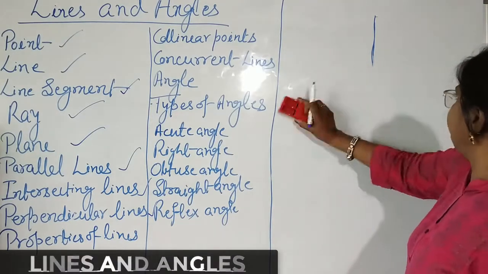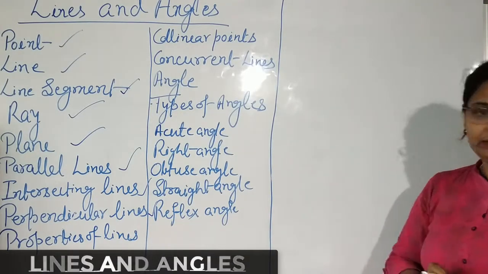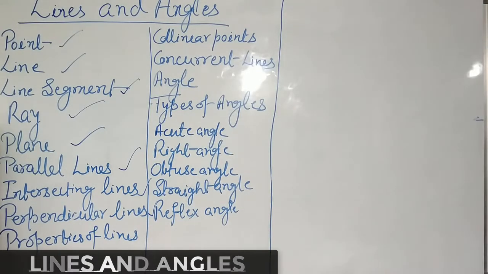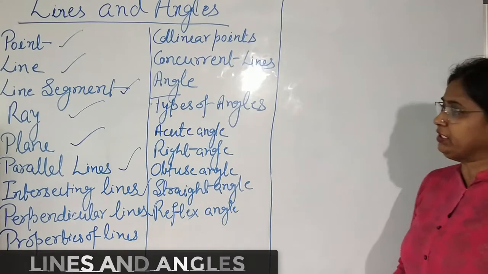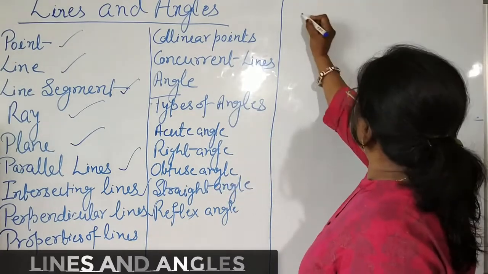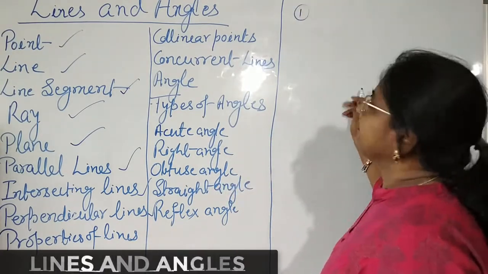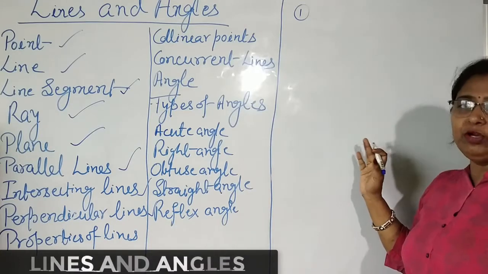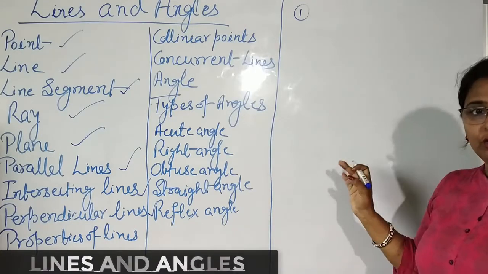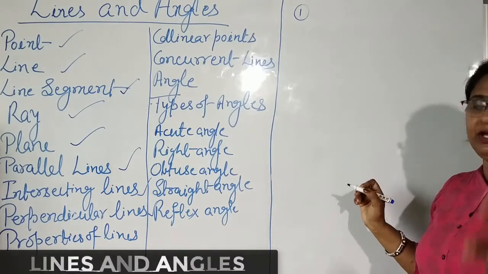Now, properties of lines. There are three properties of lines. First property is that an infinite number of lines can be drawn from a given point.